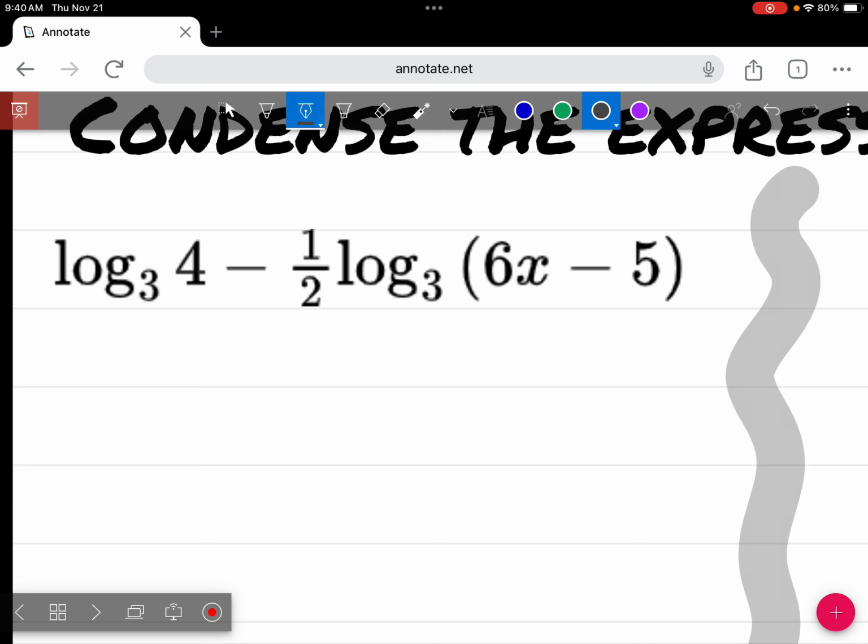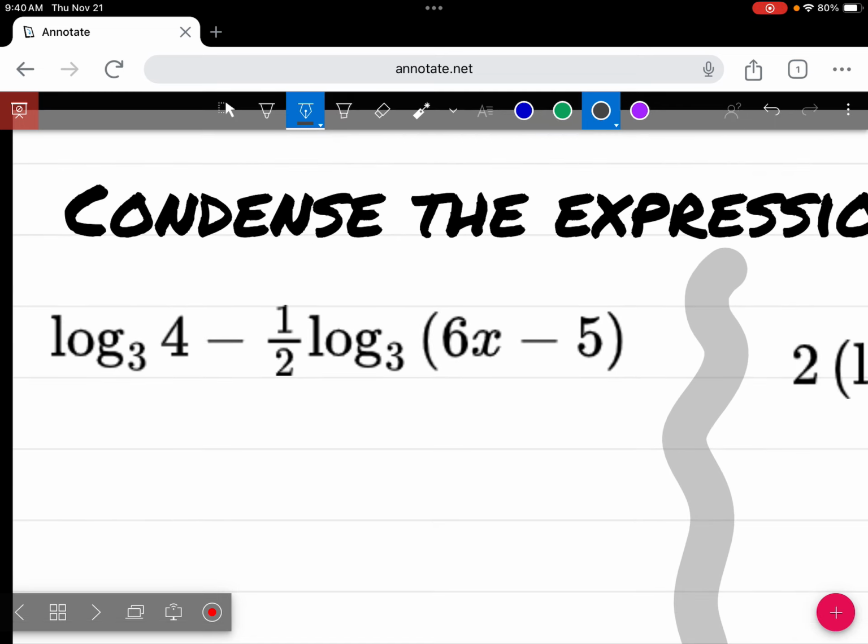So we have our log base 3 of 4 minus our 1/2 log base 3 of 6x minus 5. What are we going to start with? The 1/2. Start with taking our coefficients up to become powers.